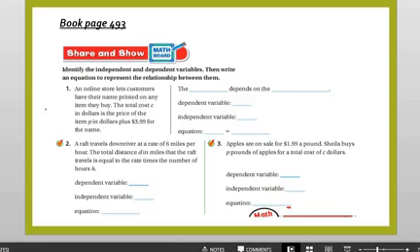You have to understand the relation first. Here it says identify the independent and the dependent variables, okay? Then write the equation to represent the relationship between them.